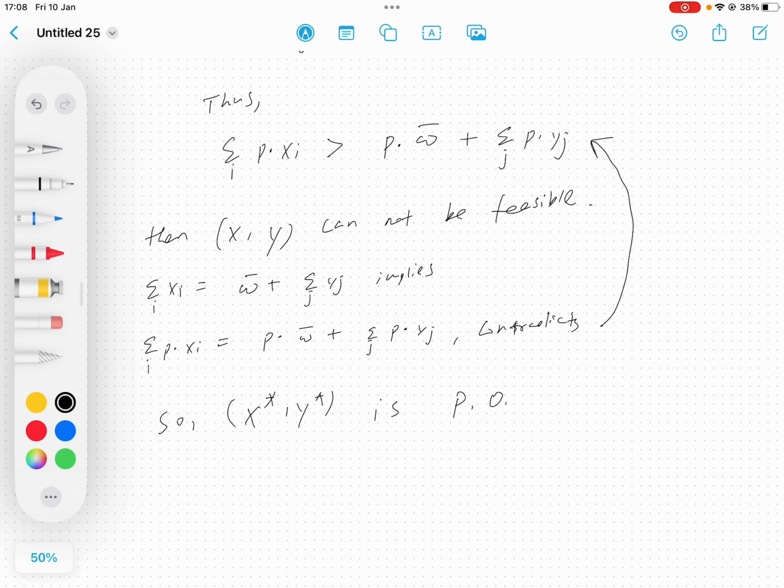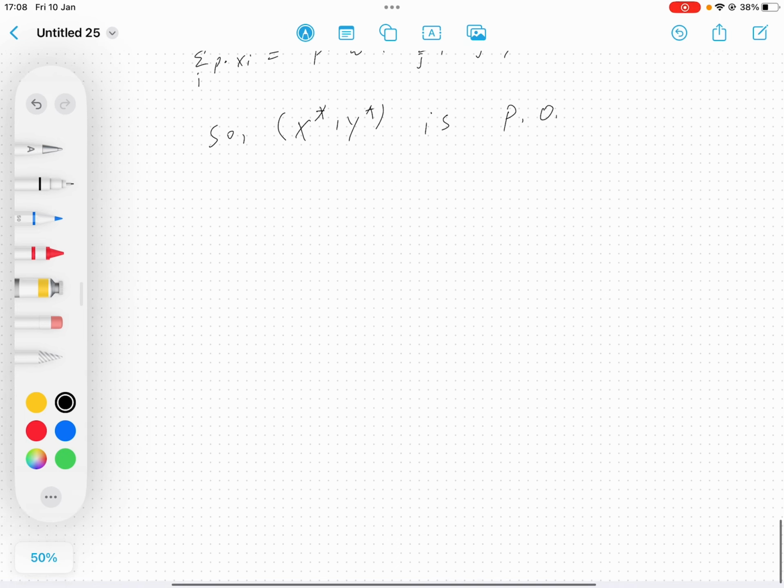Okay, good. So the next thing we're going to talk about for today, we're going to skip the second welfare theorem, okay, so you can have a look at the textbook if you're interested. The next thing we're going to discuss will be some properties that we have for Pareto optimality, okay. Good.